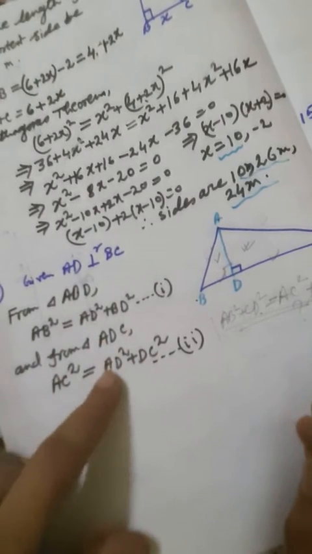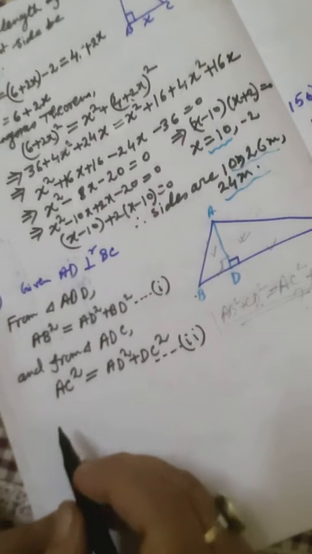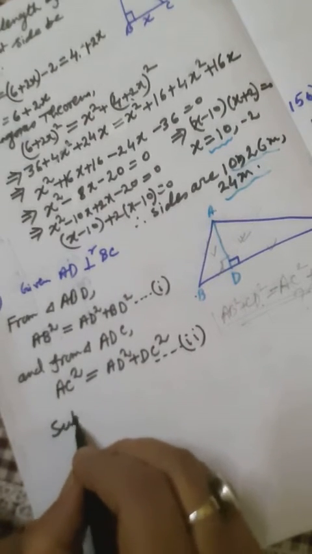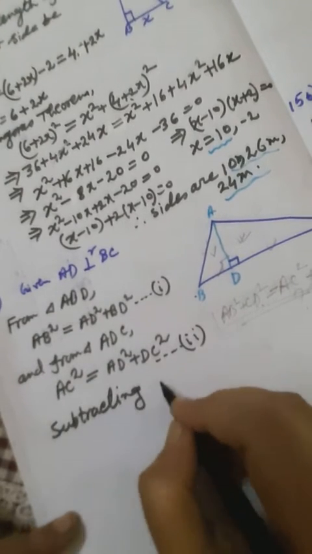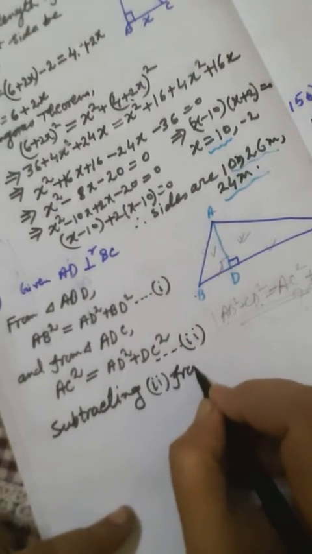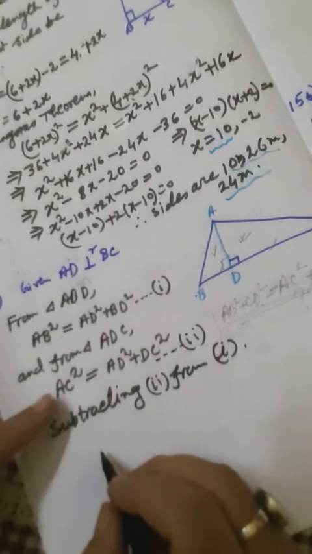We do not want AD square. So the quite obvious line is subtracting 2 from 1, right? Subtracting 2 from 1, what we get?